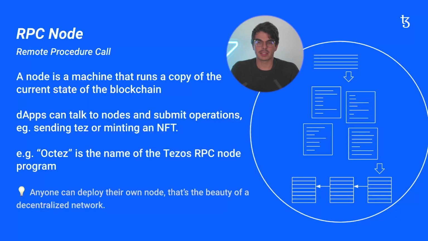Okay, up next, blockchain nodes, or as they're more technically known, RPC nodes. So, as you may know, a blockchain node is a machine that runs a copy of the current state of the blockchain. And all of the nodes in a blockchain stay synchronized with each other using consensus algorithms and broadcasting.